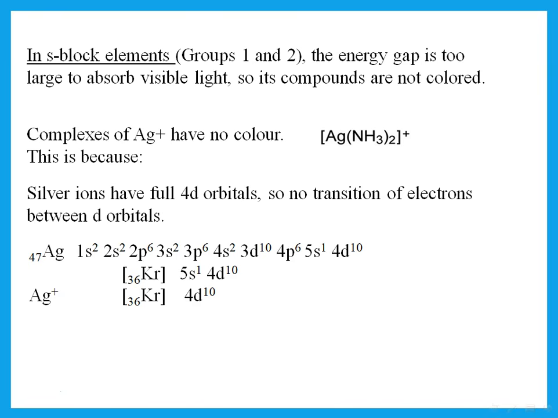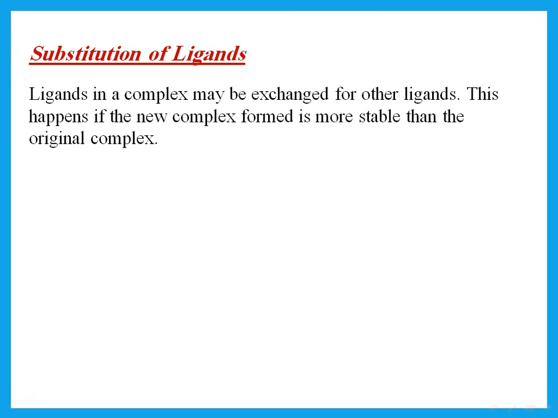Now, if I'm going to form Ag plus, that means I'm losing one electron. Of course, we said it will be lost from the 5s, and I'm left with a 4d that is completely filled. If the 4d are completely filled, then no transition of electrons happens between the d orbitals, and we don't see any color.